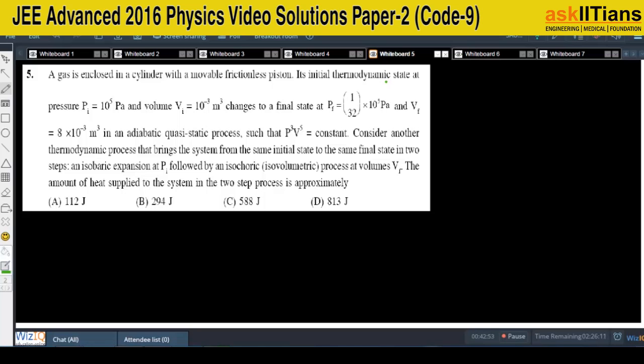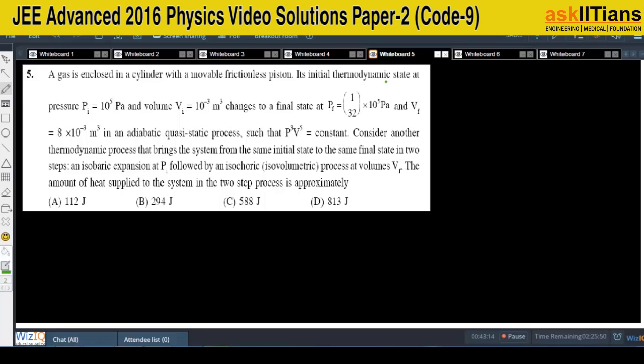Consider another thermodynamic process that brings the system from the same initial state to the same final state in 2 steps: an isobaric expansion at P initial followed by an isochoric process at volume VF. So the amount of heat supplied to the system in the 2-step process is approximately.